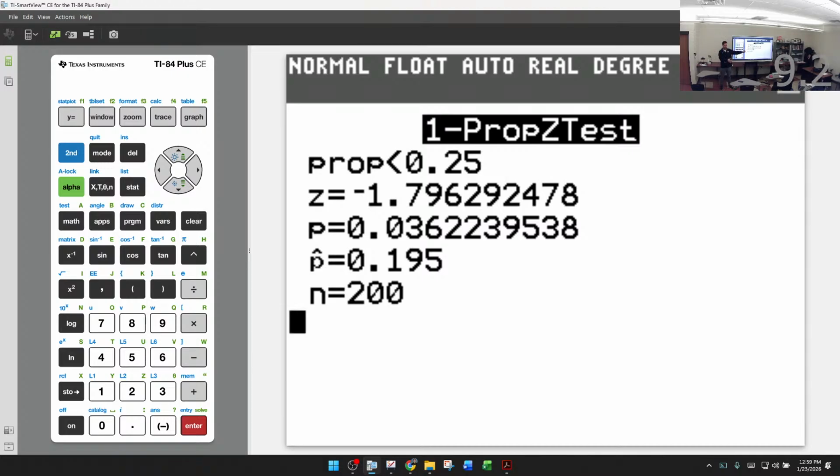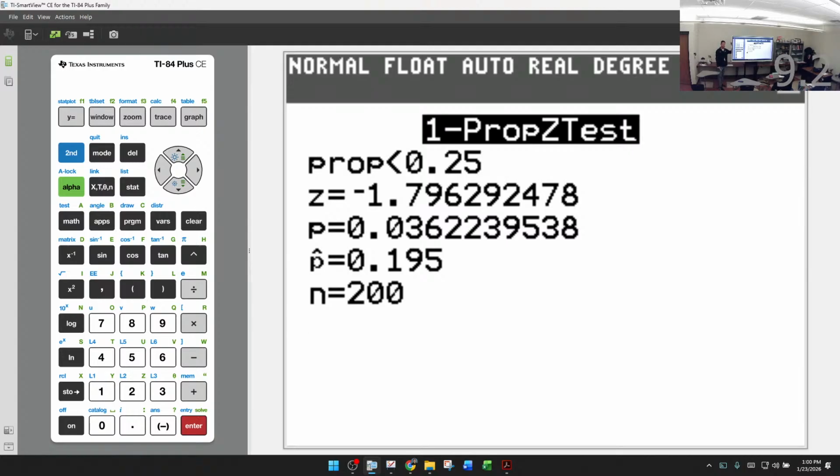Be careful, it's where all this p-ing is going on, like I talked about yesterday. So p-value is 0.036. P hat's 0.195. There's n. Oh, I need to put those things down. I want to make sure I put those down. What if I don't? Well, I don't know why you wouldn't. It's sitting right there.